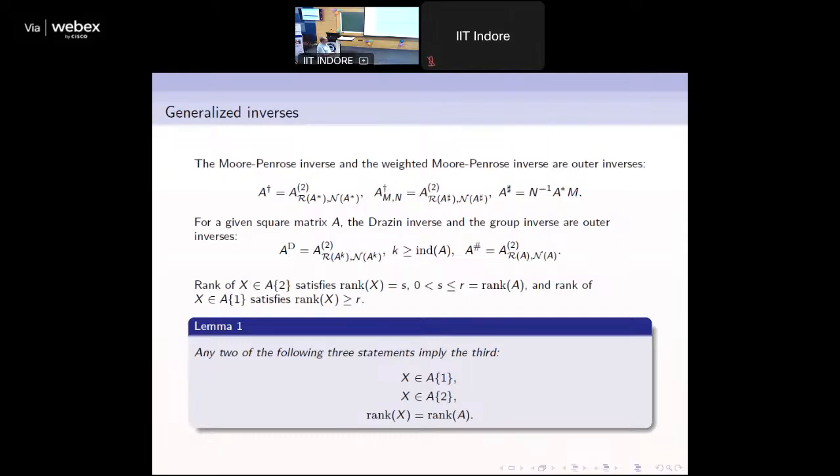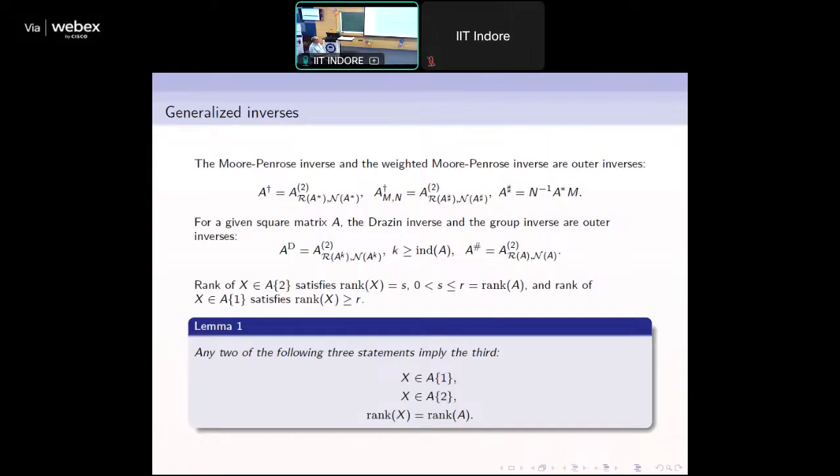Lemma 1 gives one useful property of reflexive inner inverses. This property is related to the class of inner inverses, outer inverses, and matrix rank.